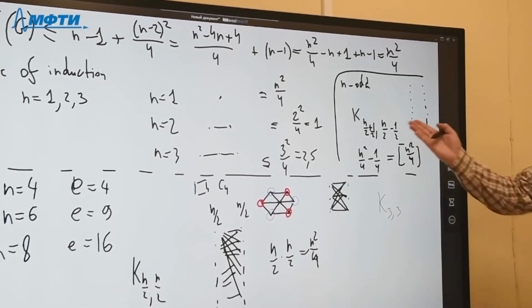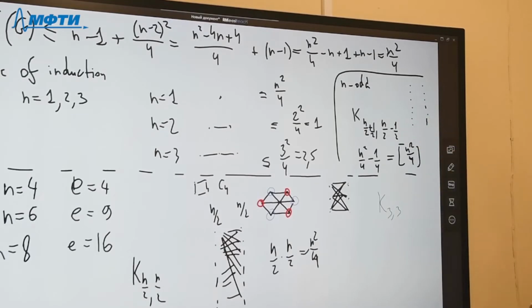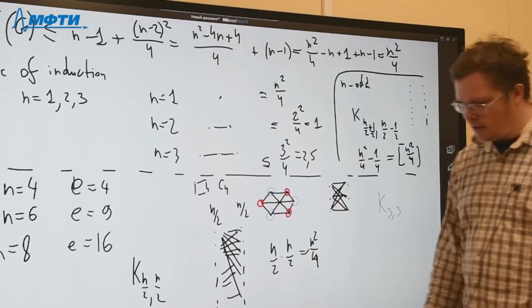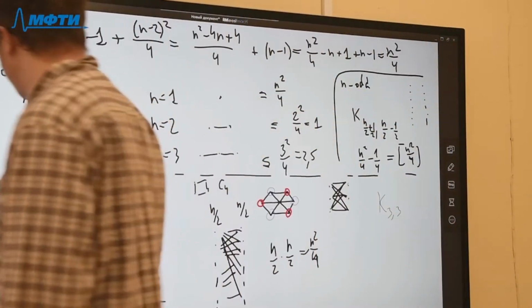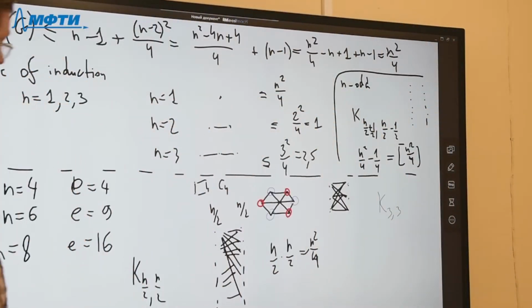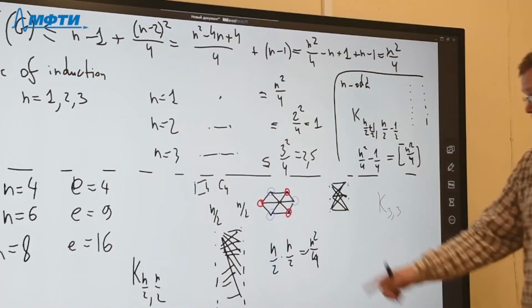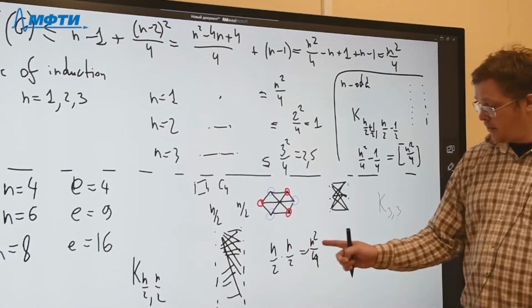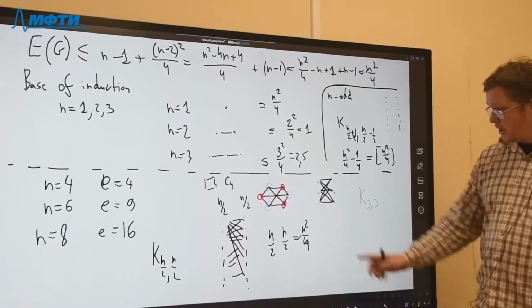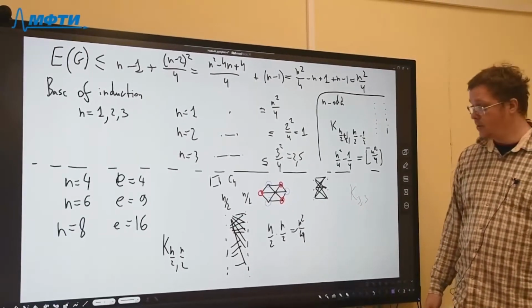So this full bipartite graph is an example of a graph with the maximal number of edges, and you can also try to prove that this is the unique possible graph on n vertices such that we have n squared over 4 edges and no triangles inside of it.